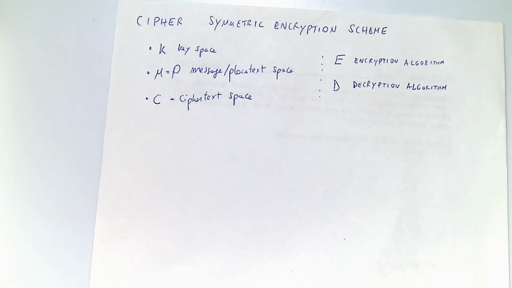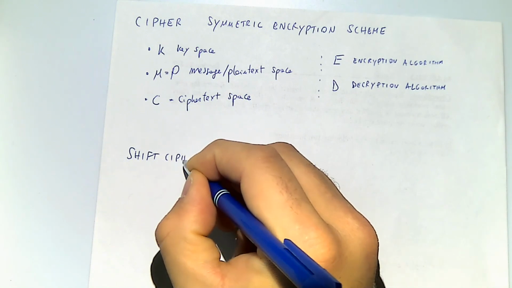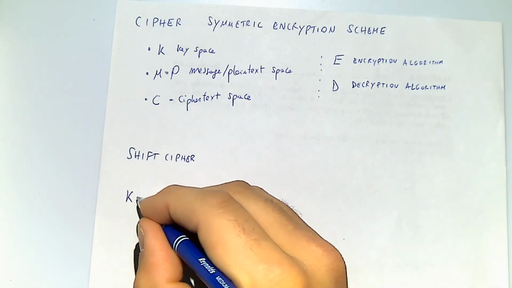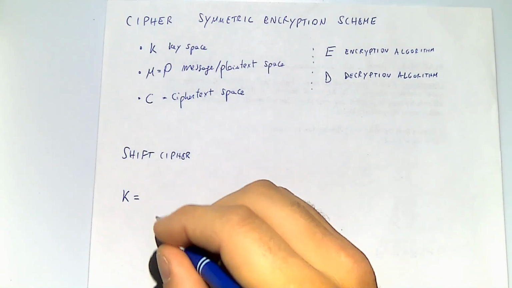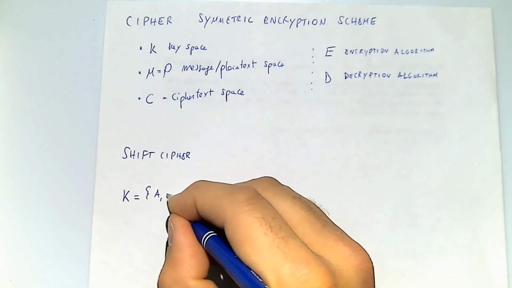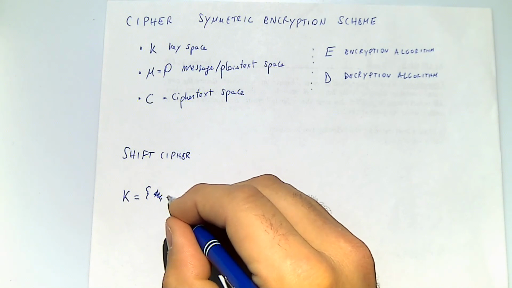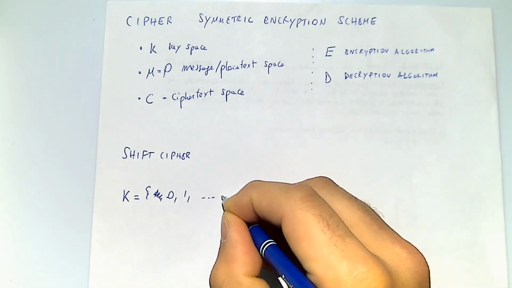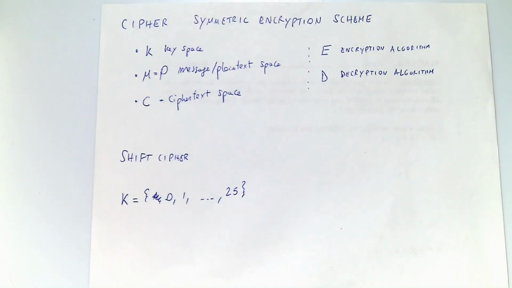One example was the shift cipher. In the shift cipher, K is equal to 0, 1, 2, up to 25, because in the shift cipher the key is an integer, by how many positions I shift.